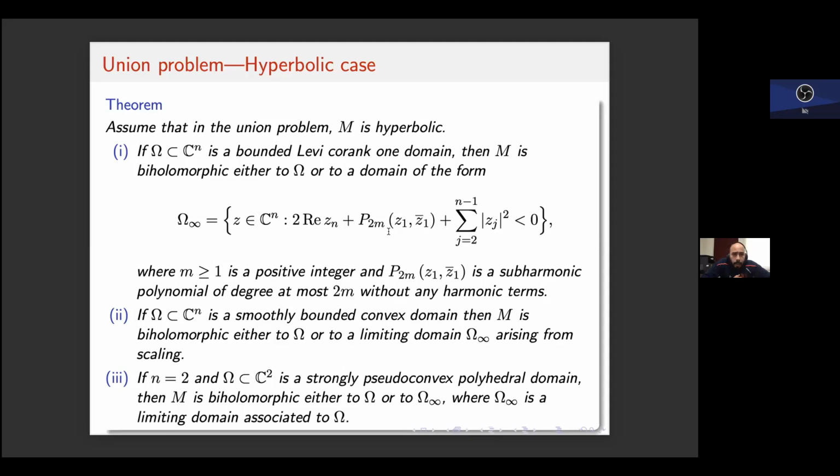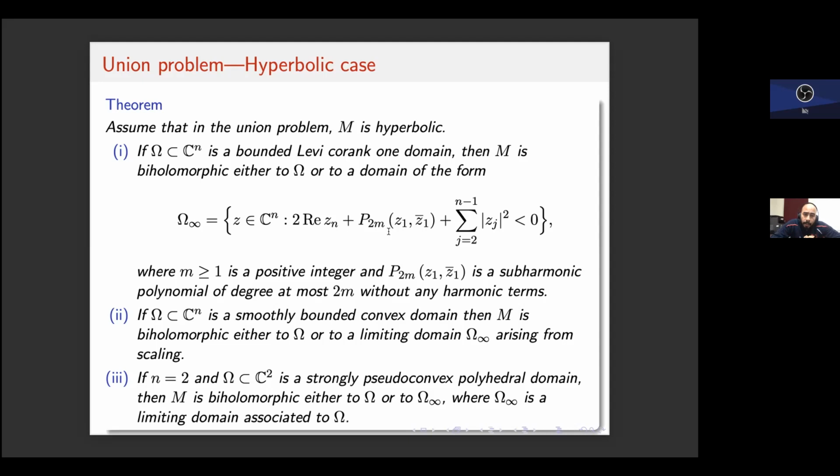that we consider. So first, suppose Omega is a bounded Levi corank 1 domain, by which I mean a smoothly bounded, pseudoconvex, finite type domain. And the Levi form of the boundary has, because of pseudoconvexity, all eigenvalues non-negative.